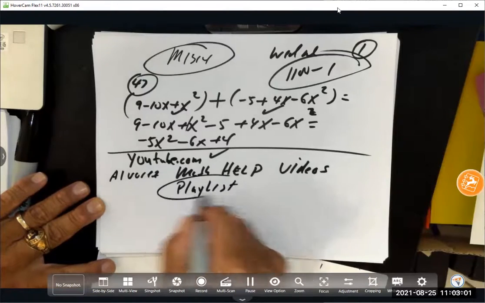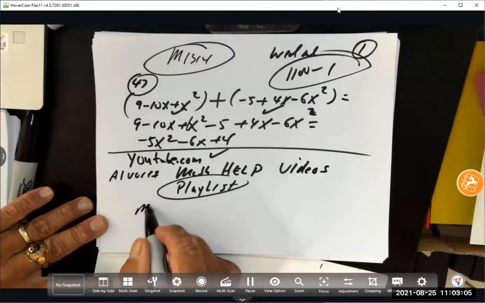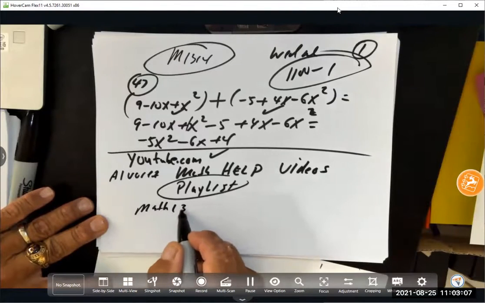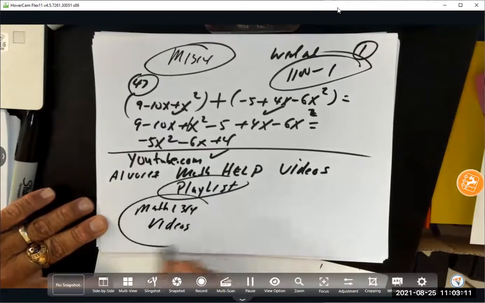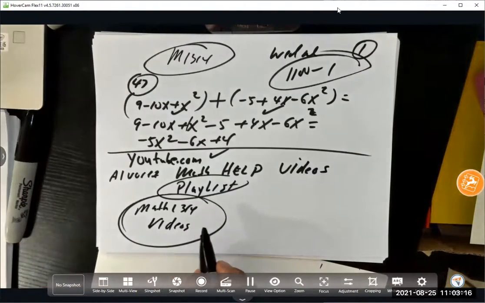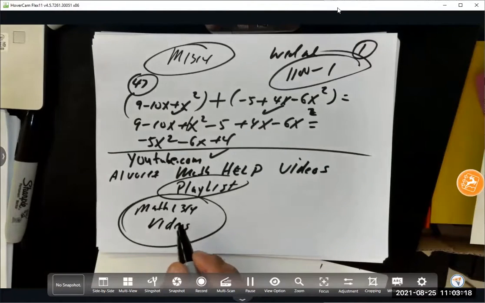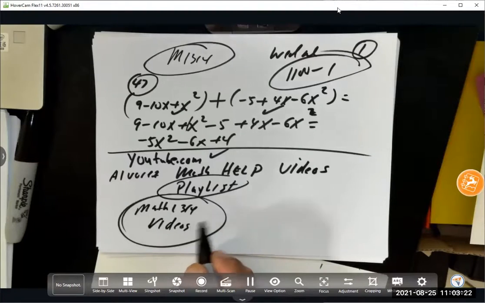When you get to the playlist, you'll see it at the very beginning, like the first icon. It'll say Math 13, 14 videos, recordings.